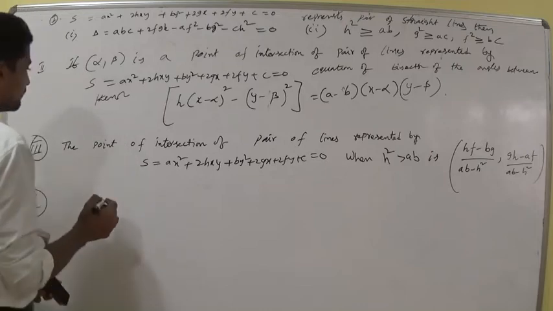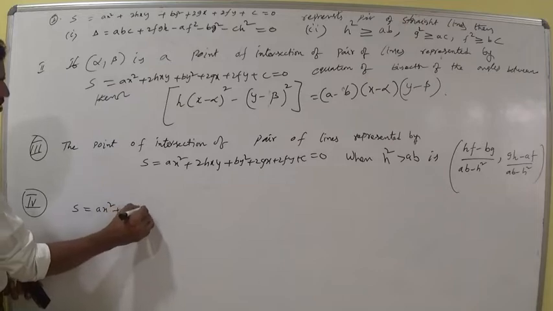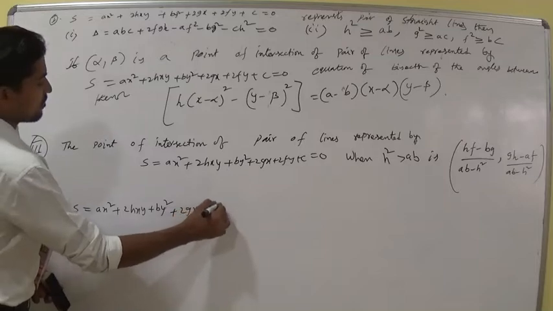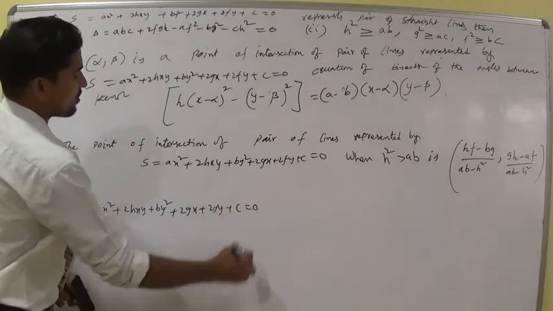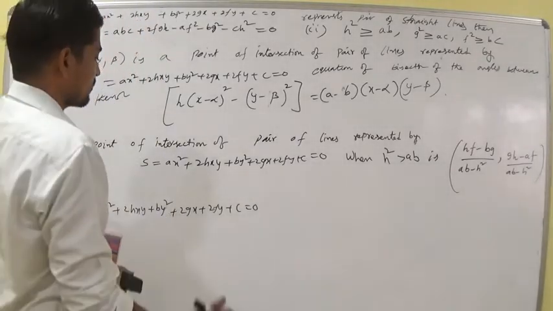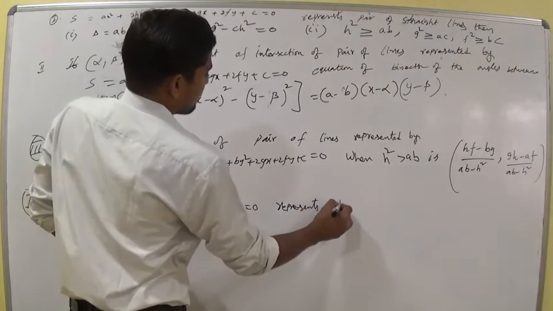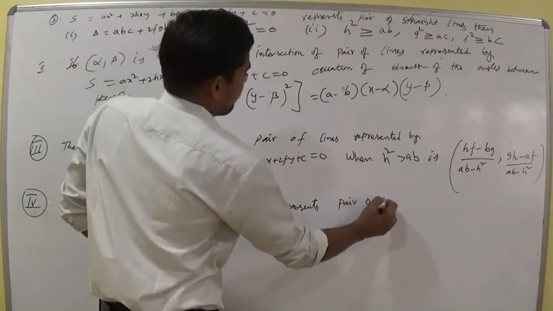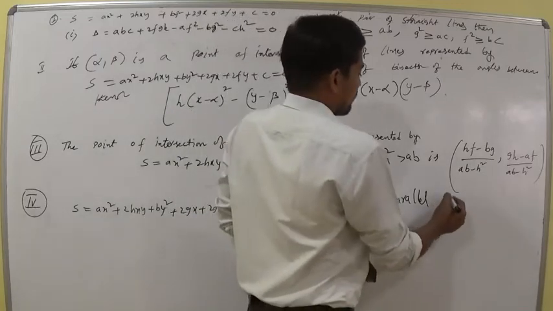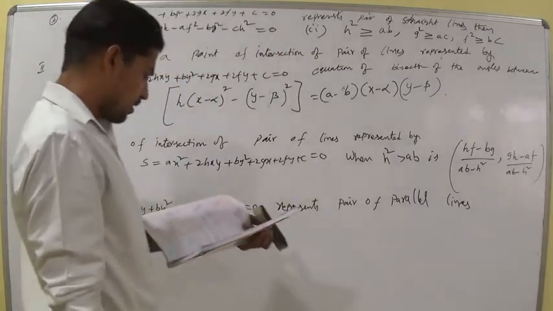S is equal to ax square plus 2hxy plus by square plus 2gx plus 2fy plus c is equal to 0 represents a pair of parallel lines when h square is equal to ab.